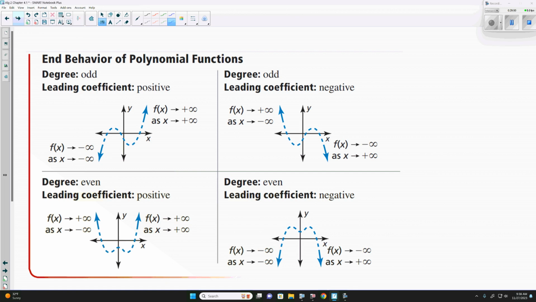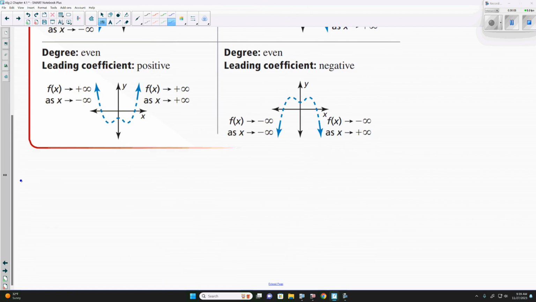Now, interestingly enough, no matter what the number is, if the degree is even, there's only 1 or 2 setups. It's either they're both going to go up or both going to go down. So the bottom two is what we're looking at because the degree is even. If the leading coefficient, the number in front of the variable with the biggest exponent, is positive, they're eventually going to both go up.